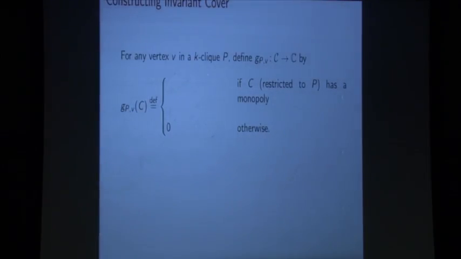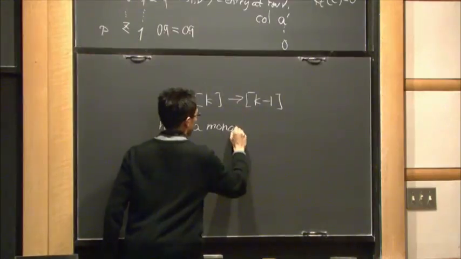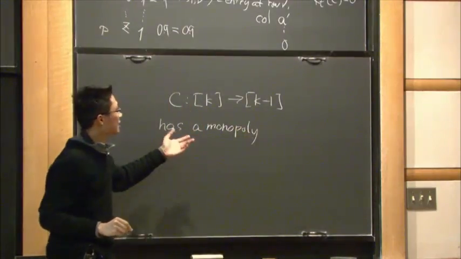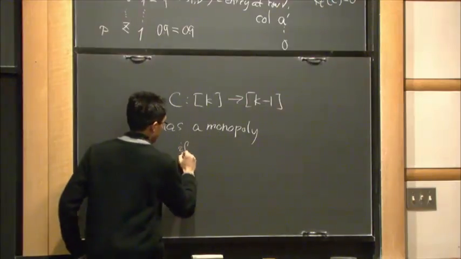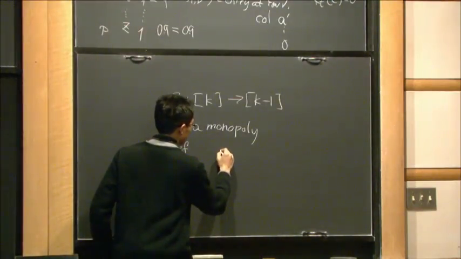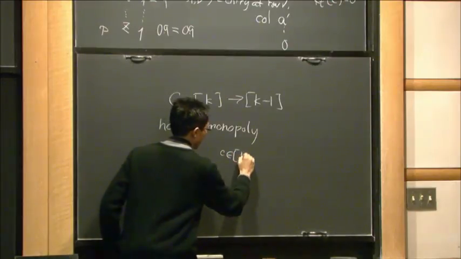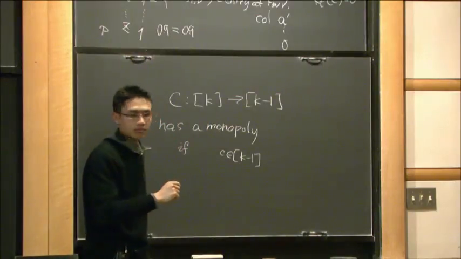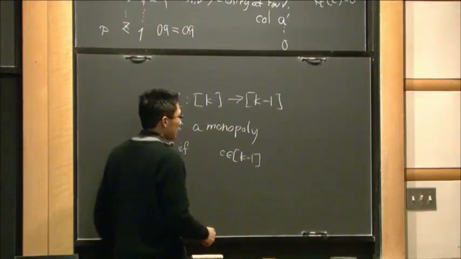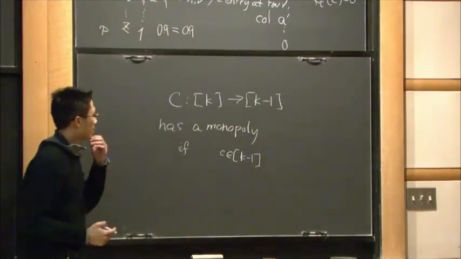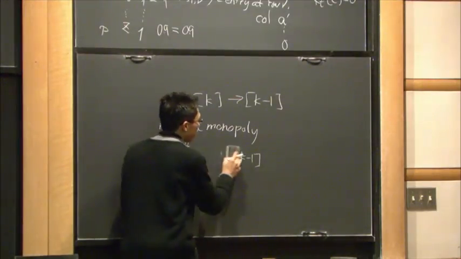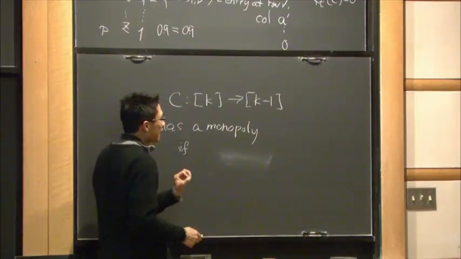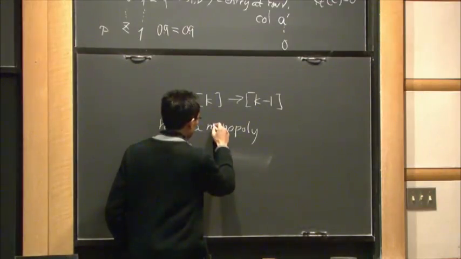In other words, all colors would appear, but some colors would appear more. If there's only one color class appearing more than once, then it has a monopoly.